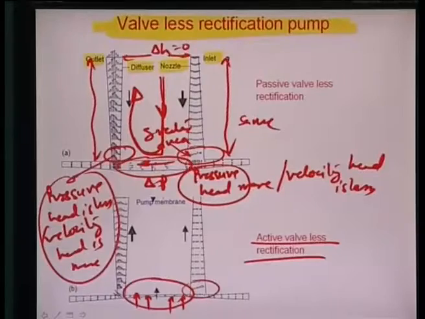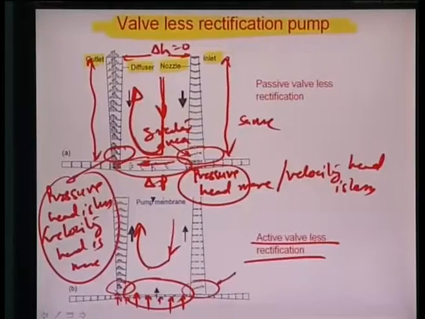The more the cross sectional area, the lesser the addition to the velocity component due to this pumping action; the lesser the cross sectional area, the more the addition. So, it acts as an amplifier in the same direction as before, and the pump pumps fluid from the right end towards the left end. That is what these valveless rectification pumping systems do.